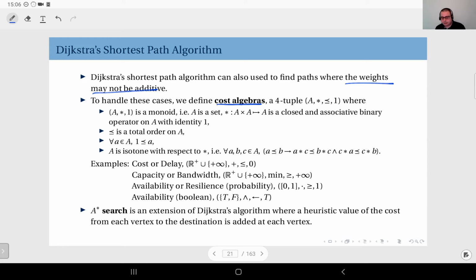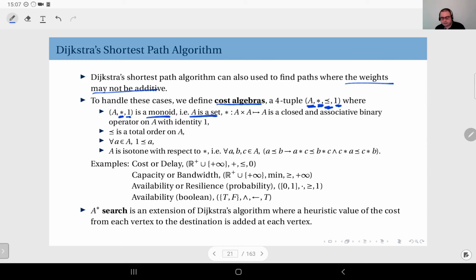Therefore, we define a cost algebra, which consists of a set A, an operation star, an order, and an identity. So set A, along with the operation star and with the identity element 1, is a monoid. If you recall what a monoid is, let me remind you.